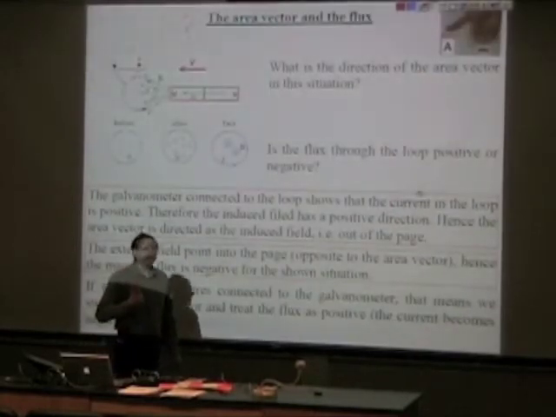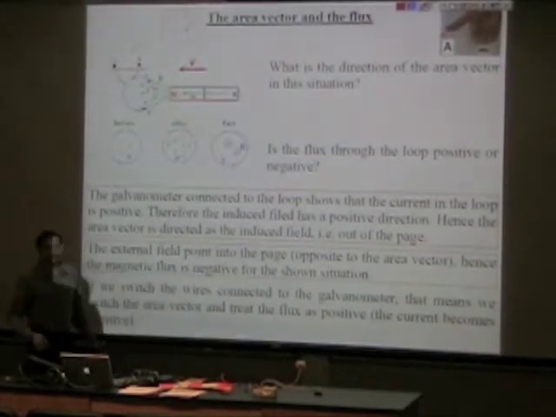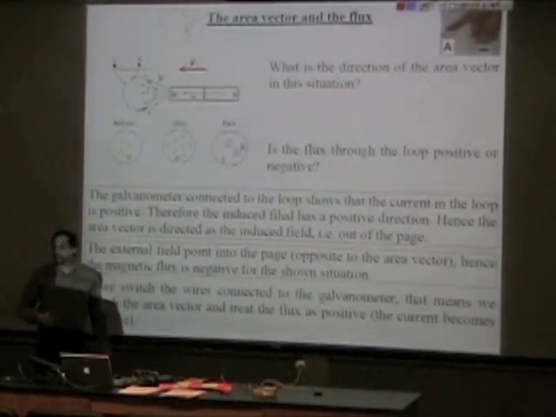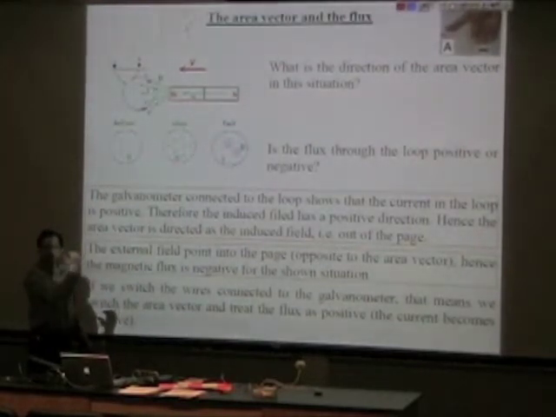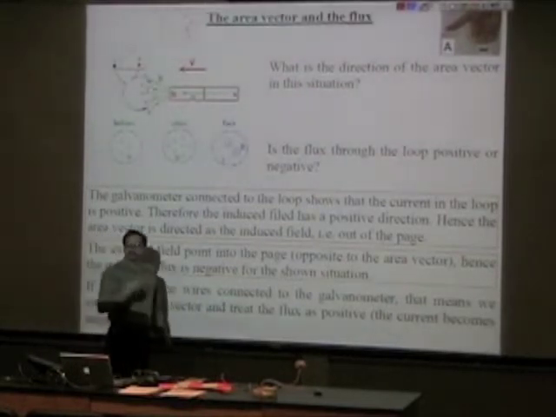Again, our galvanometer always shows deflection to the right for a counterclockwise current in the loop. That means for our galvanometer, the area vector of the loop connected to it is supposed to be pointing out of the screen.